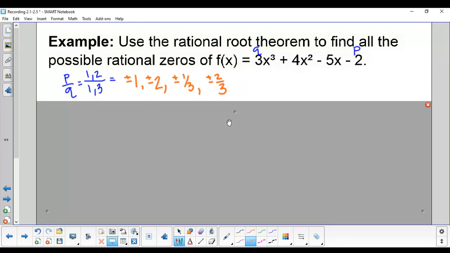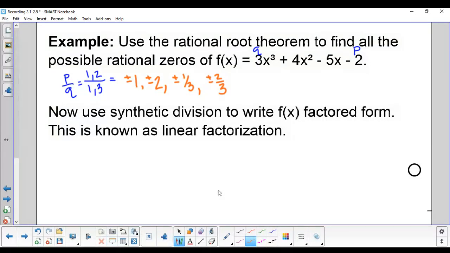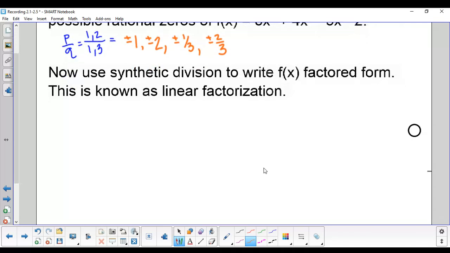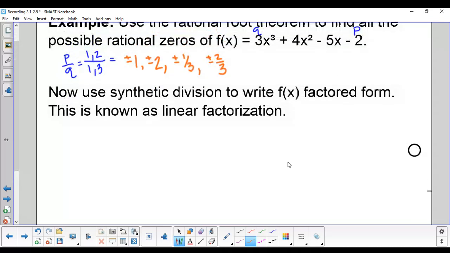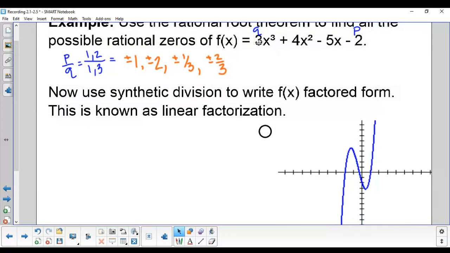What I'm going to do next is figure out my synthetic division, and which ones I should do synthetic division with in order to break down this polynomial. So I'm going to graph this original polynomial, and it appears like I can see all 3 of my zeros. That tends to lean me towards saying all of these zeros are going to be rational.